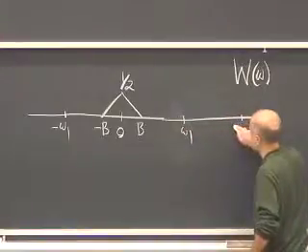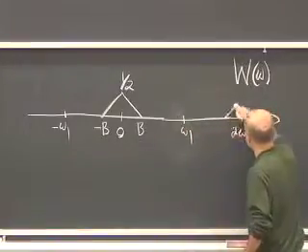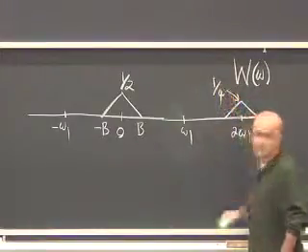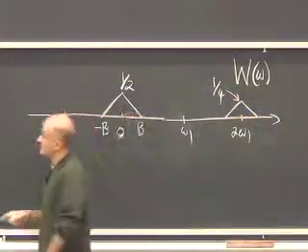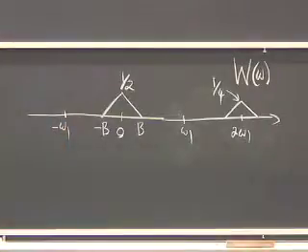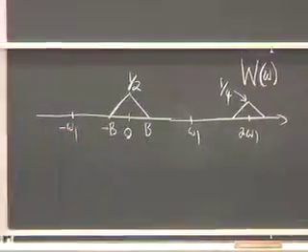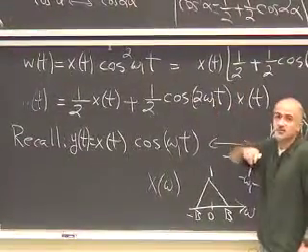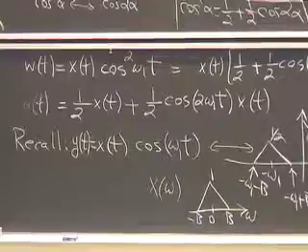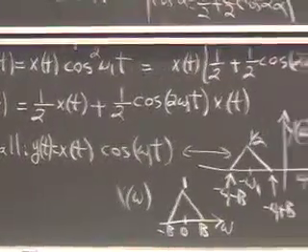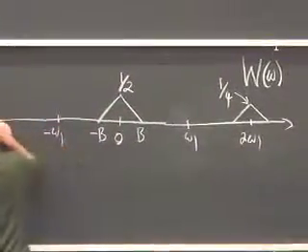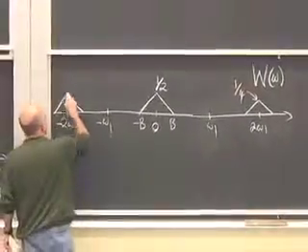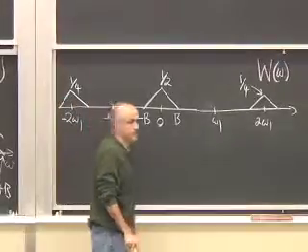Omega 1, 2 omega 1. You have a height of a quarter, because in the absence of this 1/2, you would have had x of t shifted to 2 omega 1 and minus 2 omega 1, scaled down by 2. But you also have that 1/2, so that makes this a quarter. And you have another triangle here at minus 2 omega 1, a quarter.